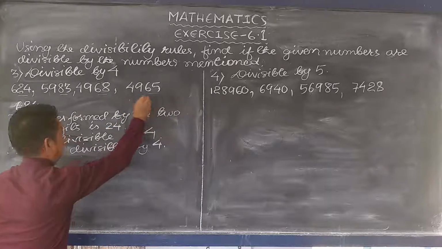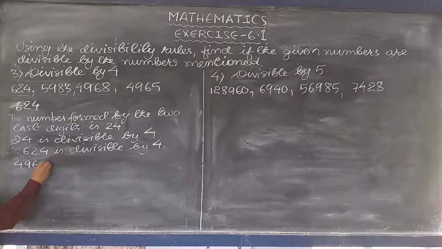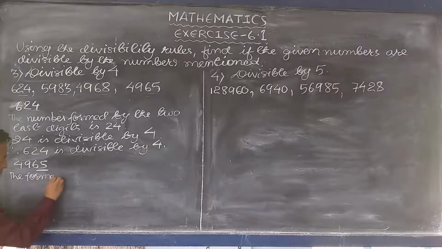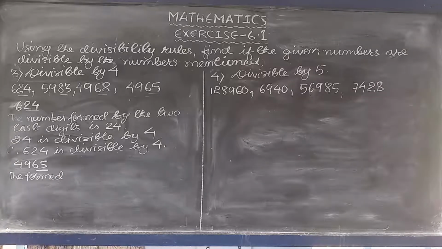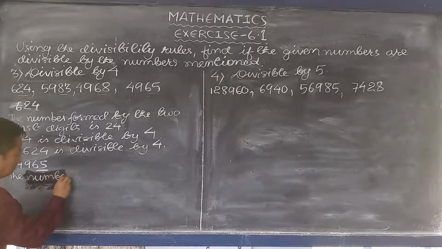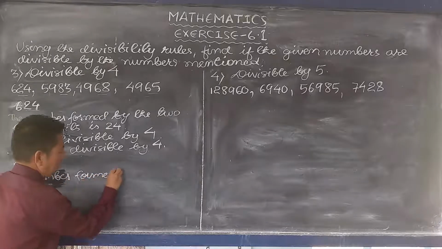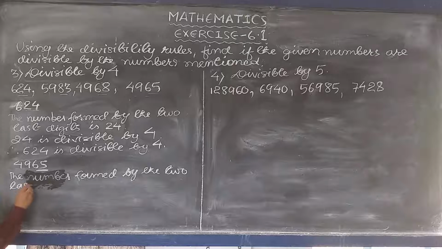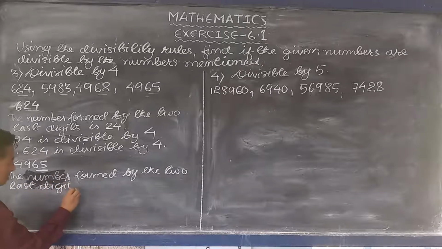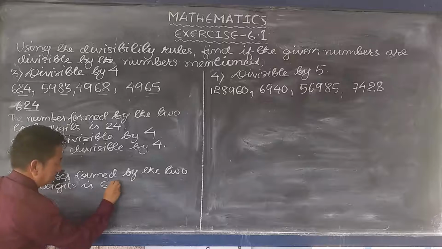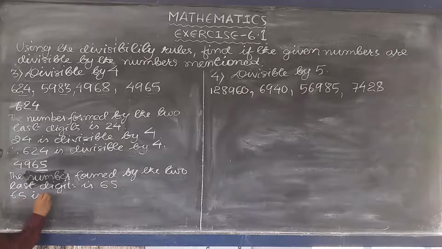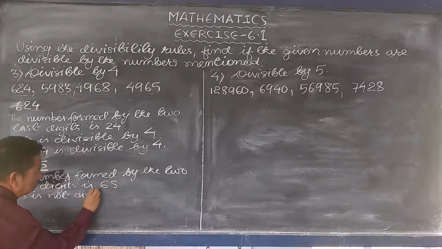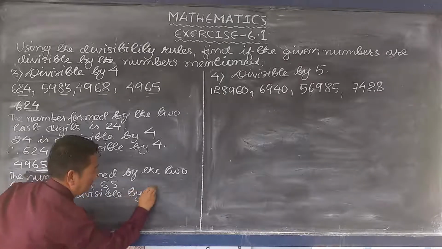Now I'll take this number 4965. The number formed by the last two digits is 65. 65 is not divisible by 4.